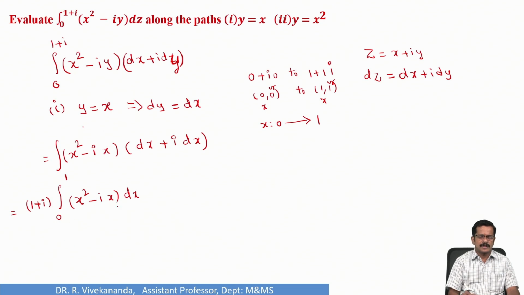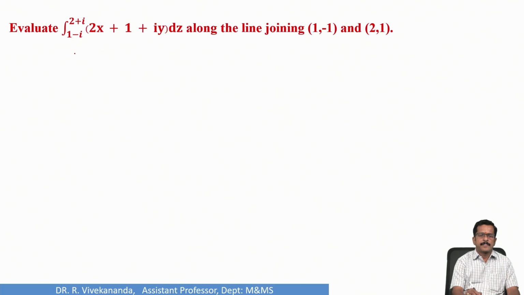Let us go for one more sum, one more example. So here, integration from 1 minus i to 2 plus i of 2x plus 1 iy into dz along the line joining 1 comma minus 1 to 2 comma 1. Okay. So let us try to.